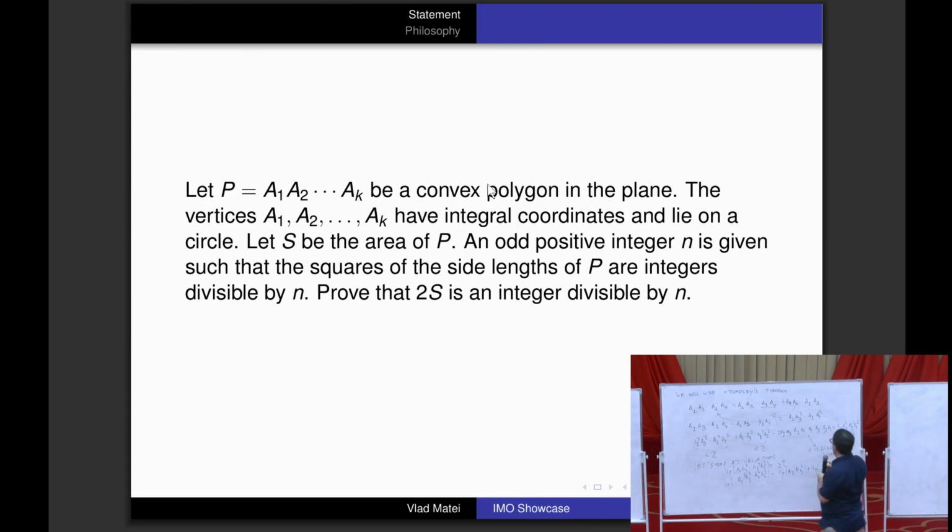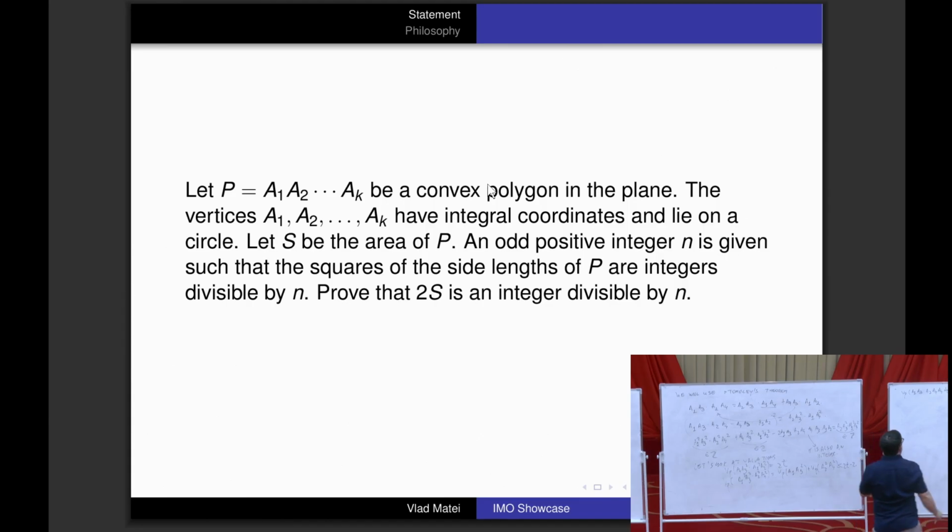And now let's look at this one here. So we have the valuation inside this integer, which is A1A3, A2A4, A4A3, A1A2. What would this be?